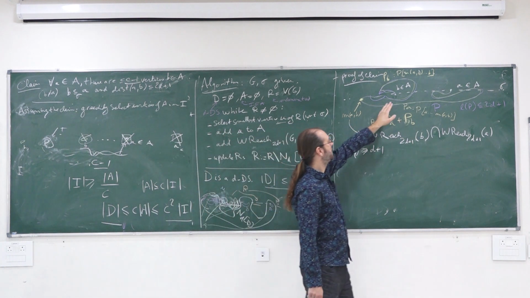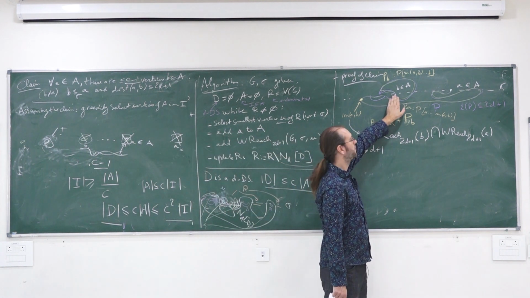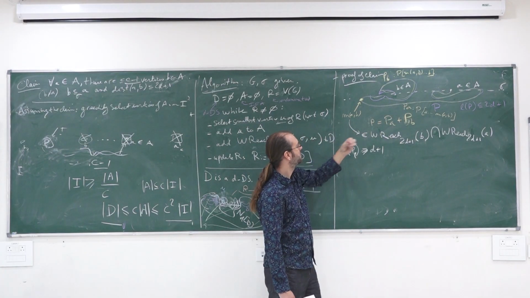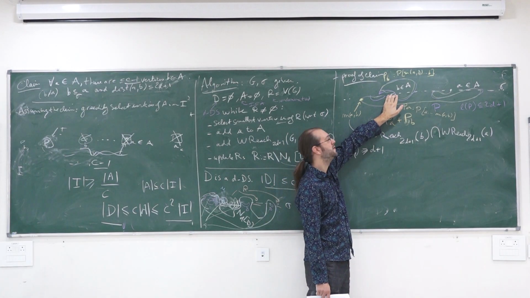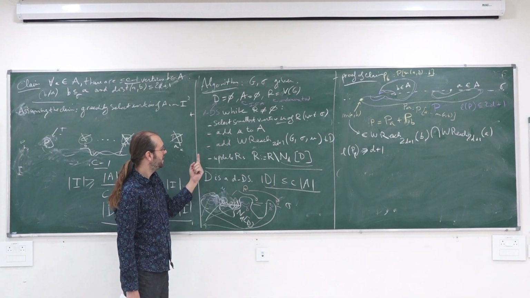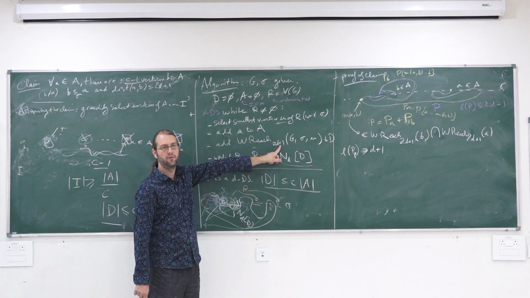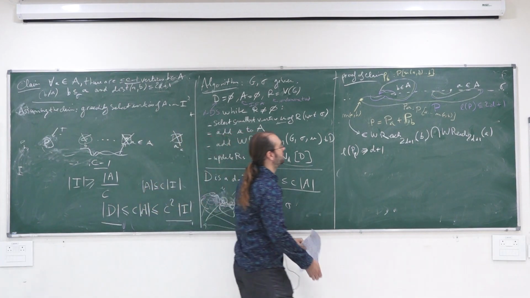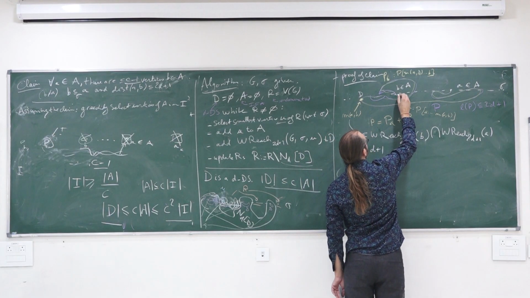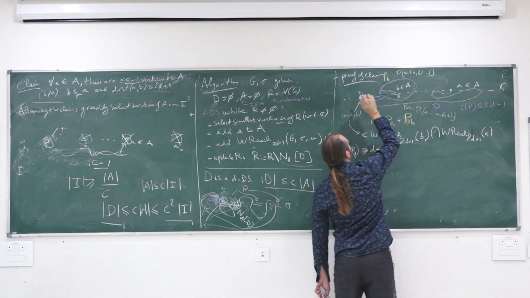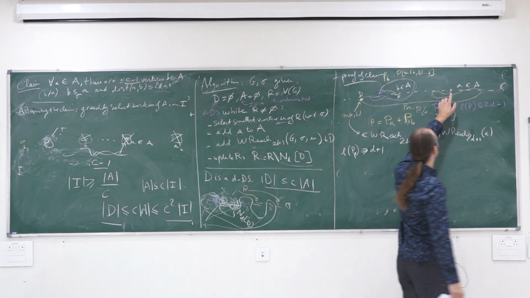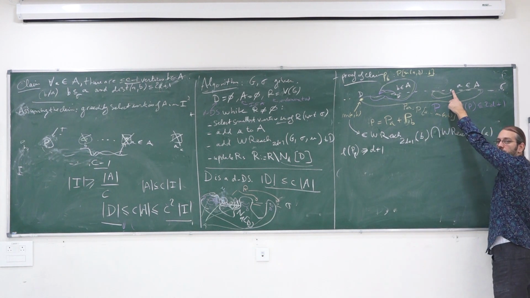That means that B has been added to D before A. So the algorithm was designed like this: we first put B inside A and D. And now what we do, we add to D the weak reachability set of U. That means that this is in D. So this is in A and it's also in D. At this step where we have put this in A, we have put this in D. But this guy was still undominated because I was able to select it later.